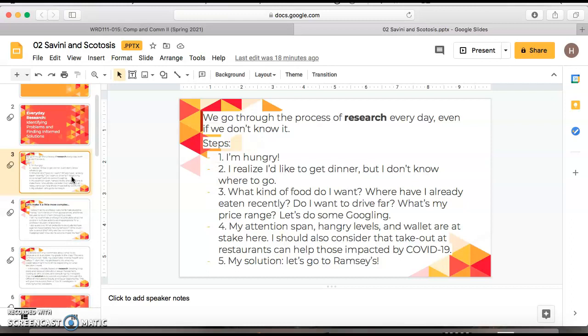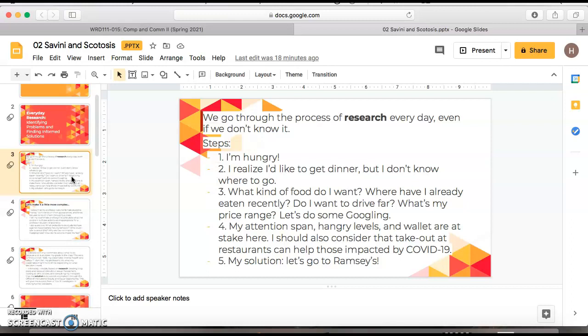Well, my attention span, my level of hangriness, my wallet, all those things are at stake. And also, right now, I'm considering that takeout at restaurants is helping those impacted by COVID-19. It might keep them afloat.